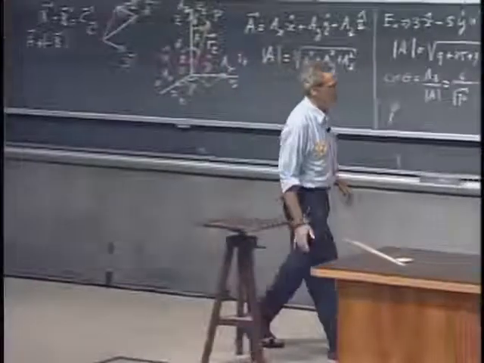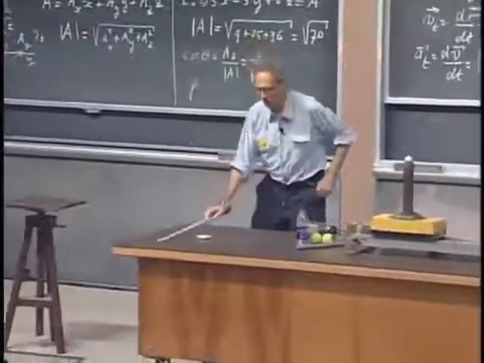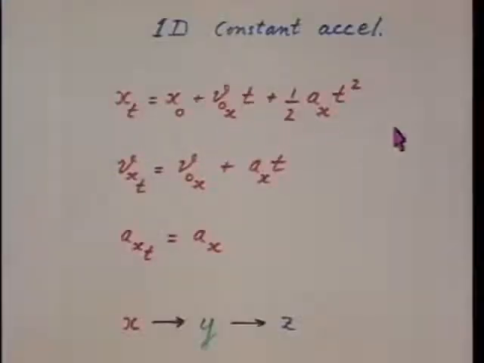The first line tells you what the x position is as a function of time. The index t tells you that it's changing with time. It is the position at t equals 0 plus the velocity at t equals 0 times t plus 1/2 ax t squared, if there is an acceleration in the x direction. The velocity immediately comes from taking the derivative of this function, and the acceleration comes from taking the derivative of this function.